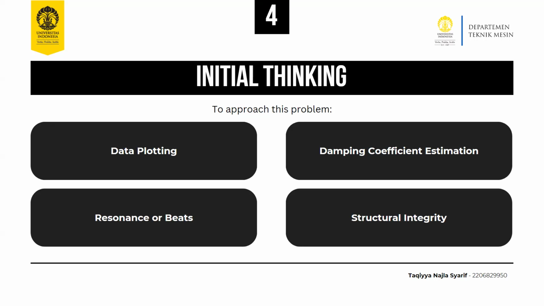Next, resonance or beats, which means analyze the system to determine if it is experiencing resonance or beats. And the last but not least, structural integrity, which means assess if the trailer's displacement will exceed the shock limits of 0.5 meters if the weapon is not turned off.